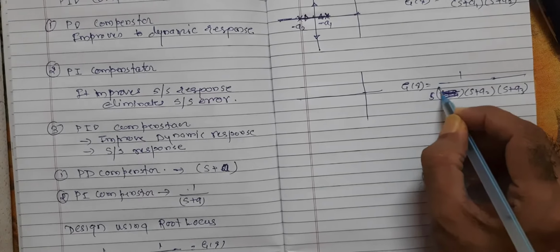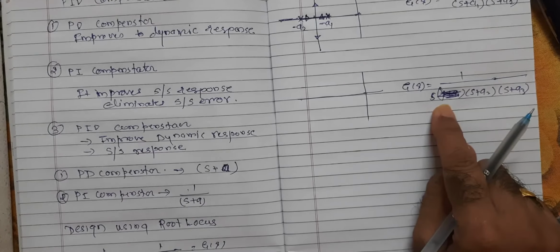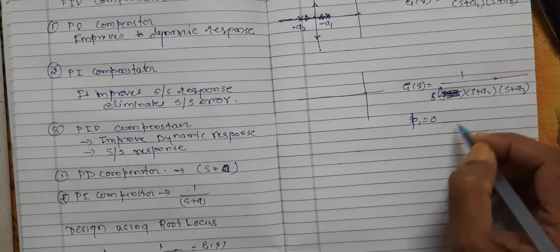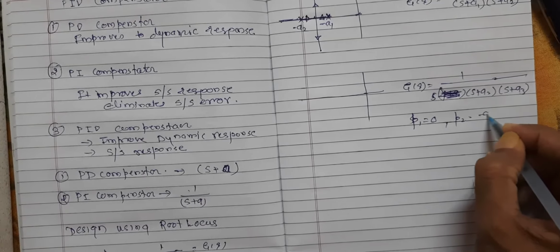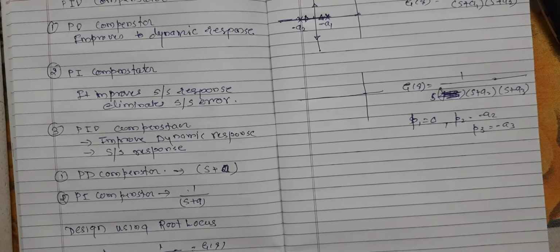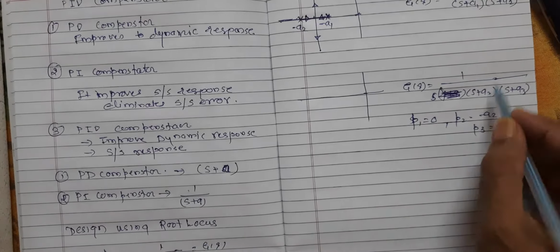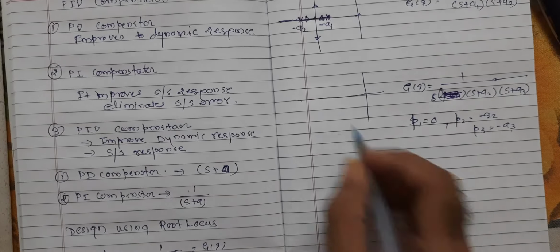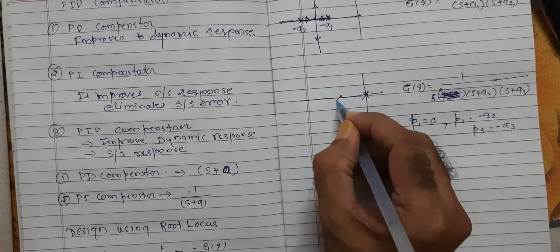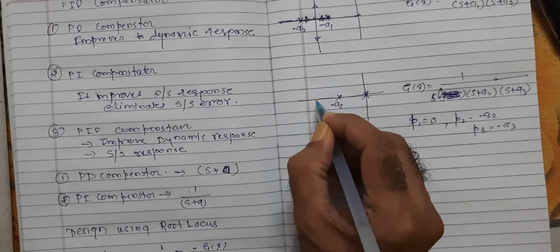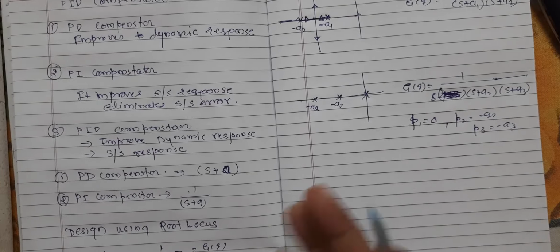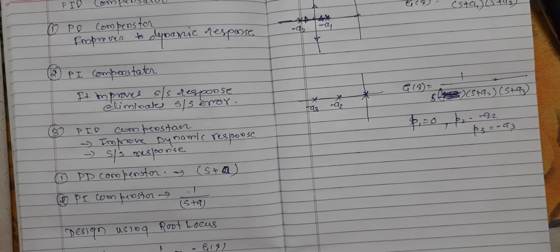That means P1 equals 0, P2 equals minus a2 and P3 equals minus a3. So this is my P1 here, then here is minus a2 and here is minus a3, let us say. Now we will have some values here.